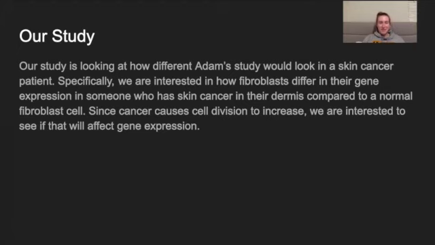We think that skin cancer causes cell division to increase, so we're interested in seeing the kind of genes that affect that, and we'll be looking at the same kinds of genes that Adam looked at in his study.